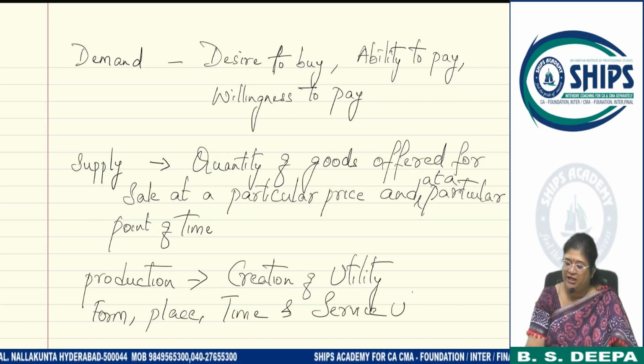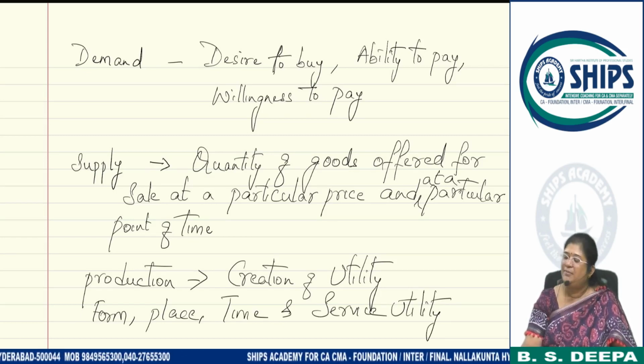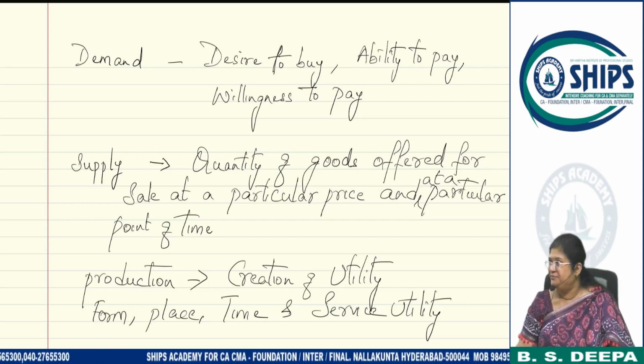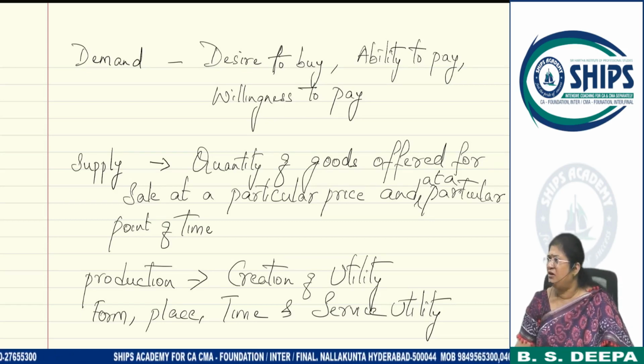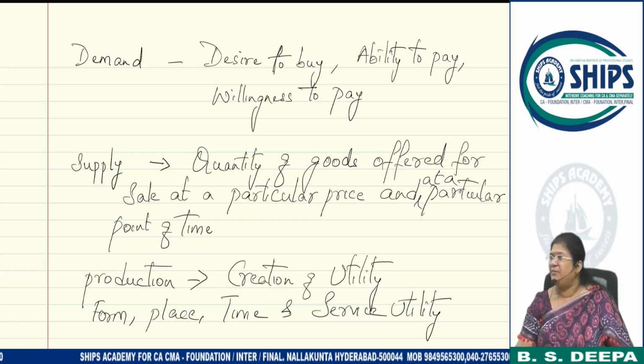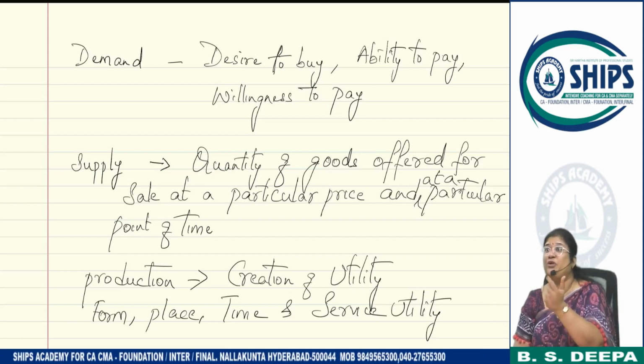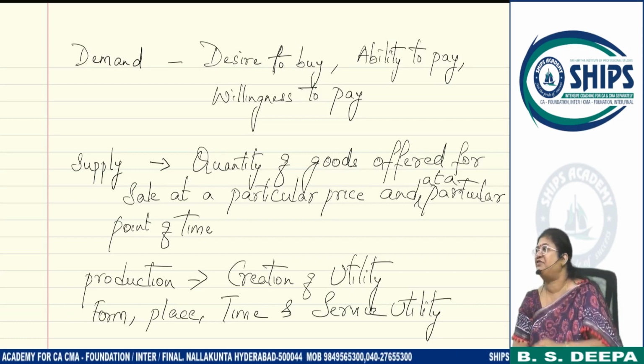any type of utility which is created by man can be called production in economics. For example, you have a log of wood. You can sit on a log of wood, nothing wrong. But if it is converted into furniture, it creates more utility, more satisfaction for the consumer.